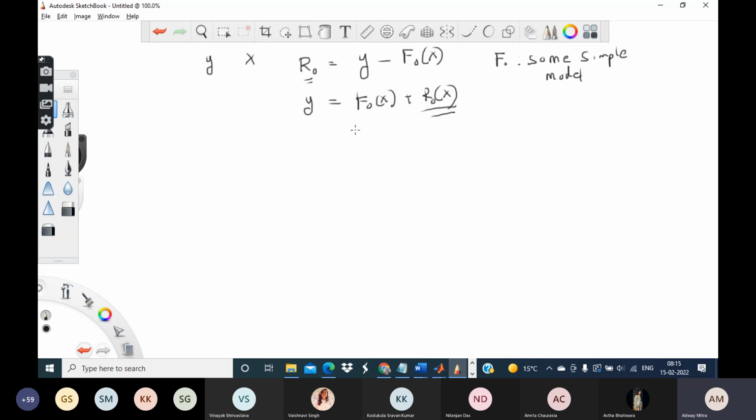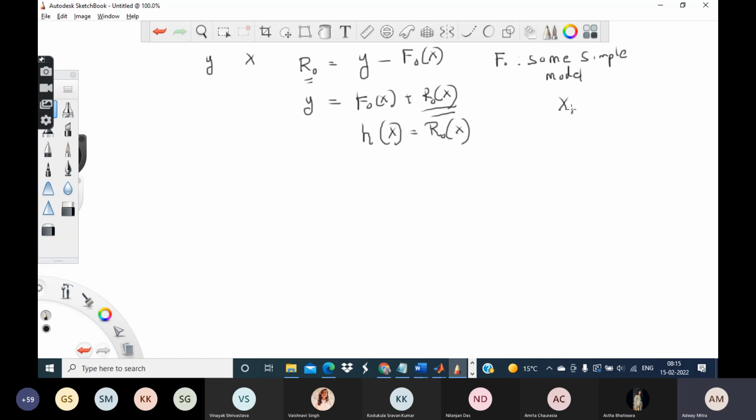So what I will do is learn a function h such that h of x is equal to r naught x. For that, of course, I have my training data.